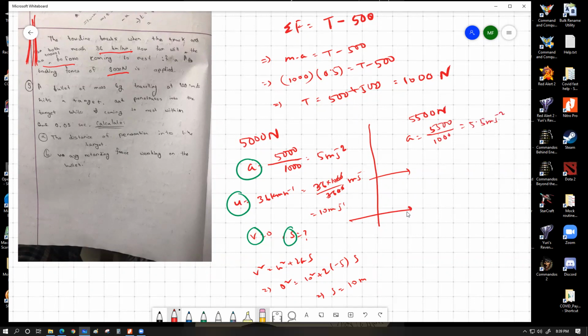If we apply the same formula, V square equals U square plus twice AS, we get 0 square equals 10 square plus 2 into minus 5.5 into S. So S would be equal to 10 square divided by 11, 100 divided by 11, which is 9.09 meter. For this question, both of these answers will be equally acceptable because the question is not very specific whether this 5,000 Newton is additional to the original 500 Newton or inclusive.